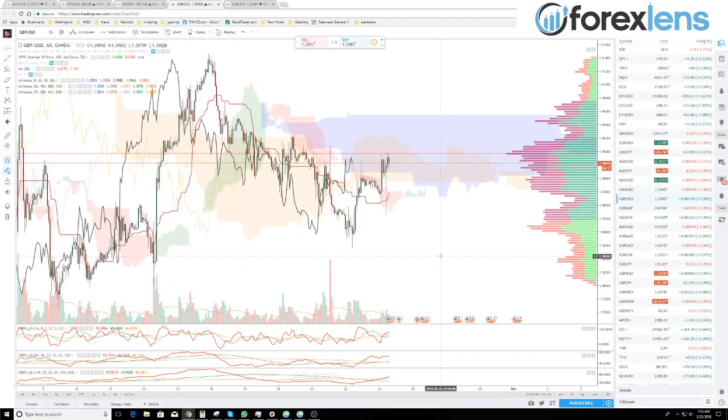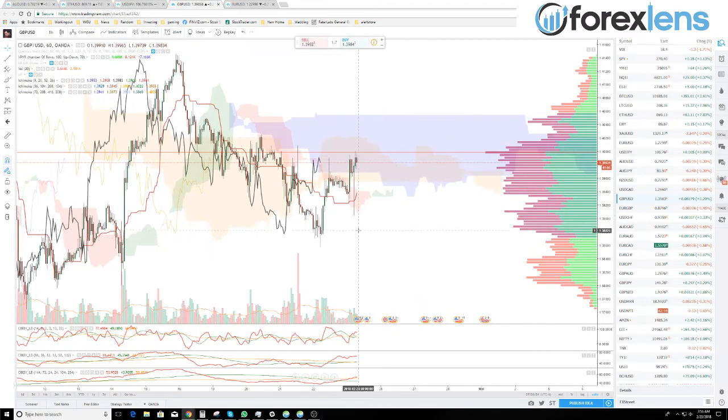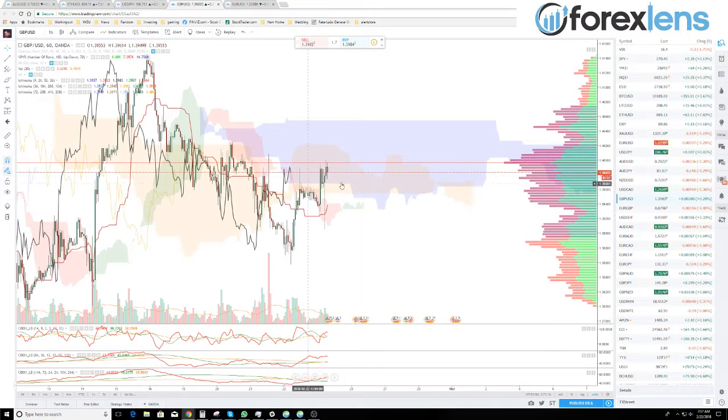Pound dollar. Okay. Now, we have an interesting kind of setup here. We're inside the 4 and the 8 cloud, and we're above the 1-hour cloud. But just look at this. This is a squeeze on the 8-hour and on the 4-hour, and we're not really in a trend on the 1-hour.